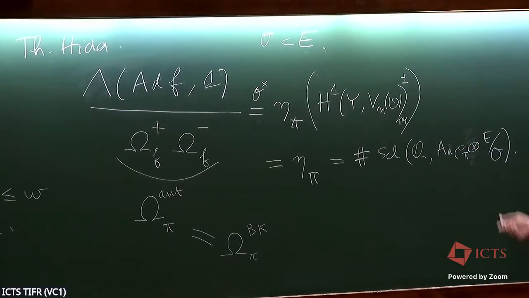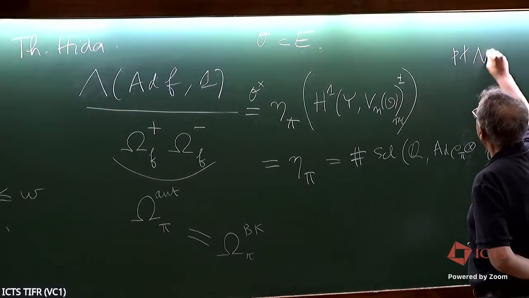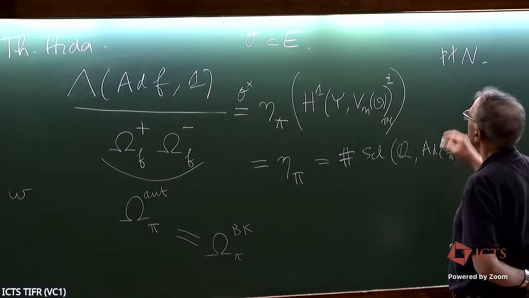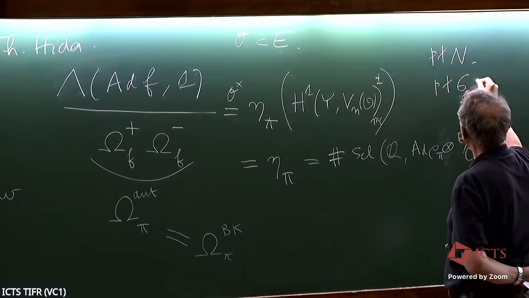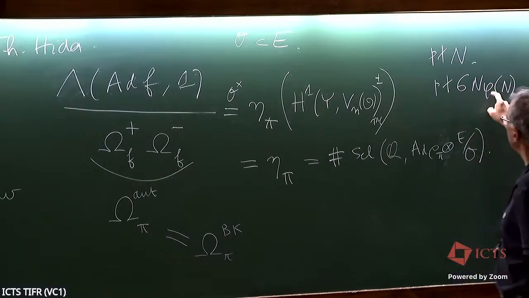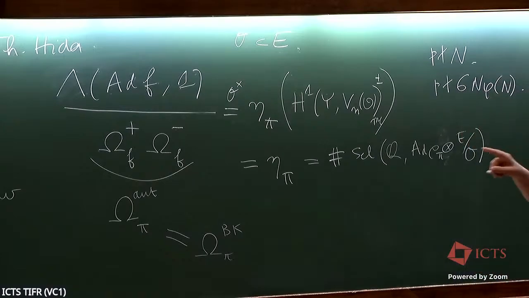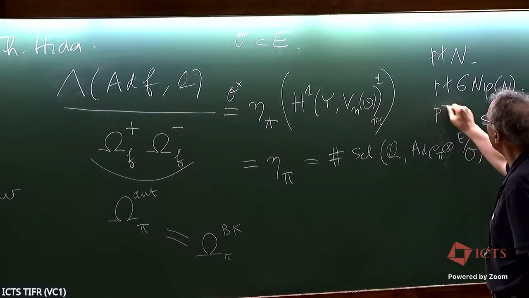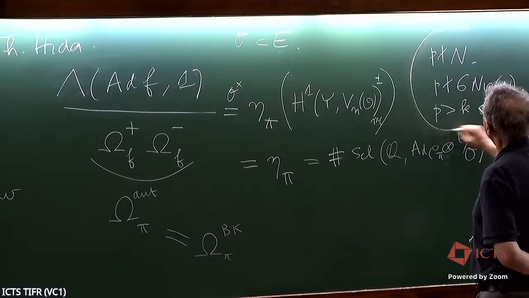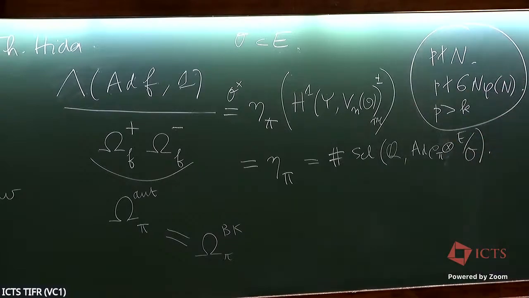Well, I would say I assume that P does not divide N. Well, maybe P does not divide 6 times N, phi of N, this is the Euler function. In the theorem of Hida, you may have this assumption, and maybe also P greater than K. Yeah, you have all these assumptions.